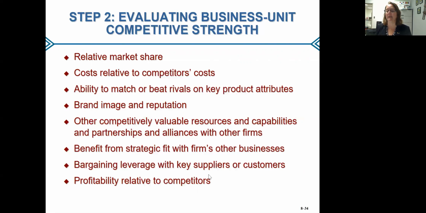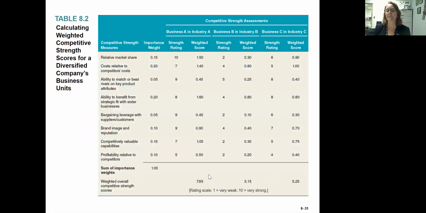Other competitively valuable resources and capabilities, partnerships and alliances, benefits from a strategic fit, bargaining leverage with key suppliers or customers, and the profitability relative to the competitors. So again, you can go through and calculate competitive strength measures for the business units.